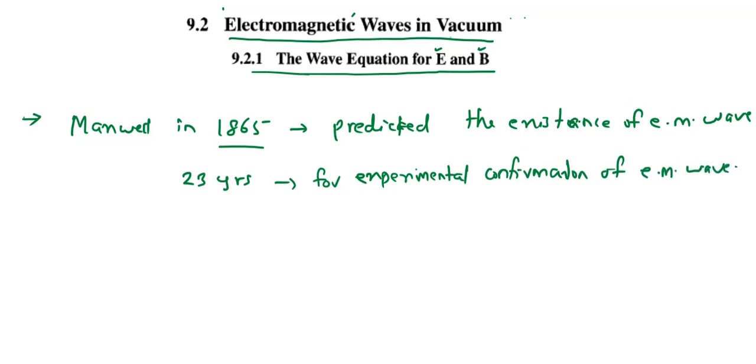But in 1888, German physicist Hertz produced EM wave using an oscillatory circuit.